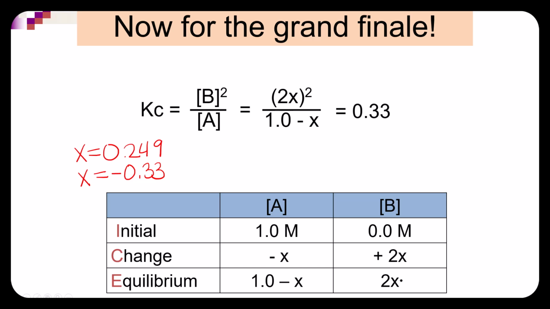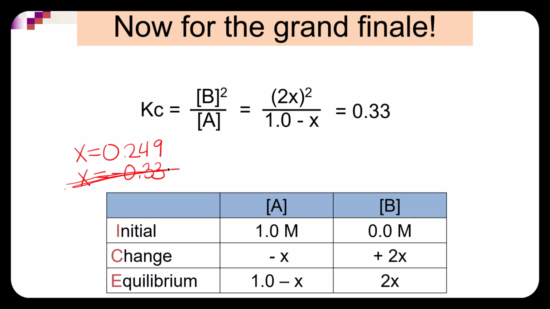If I plug in negative 0.33 right here in the product side, does it make sense that the concentration of our product after this reaction is done is a negative value? Does a negative concentration make sense? No, it doesn't, right? So that tells us that while theoretically this is a solution to the equation, practically it is not going to make sense for us.